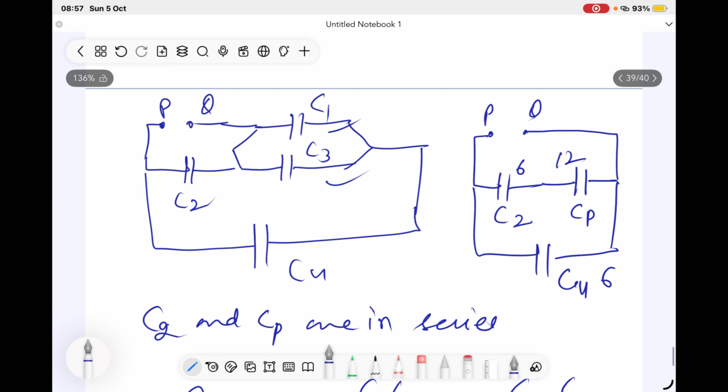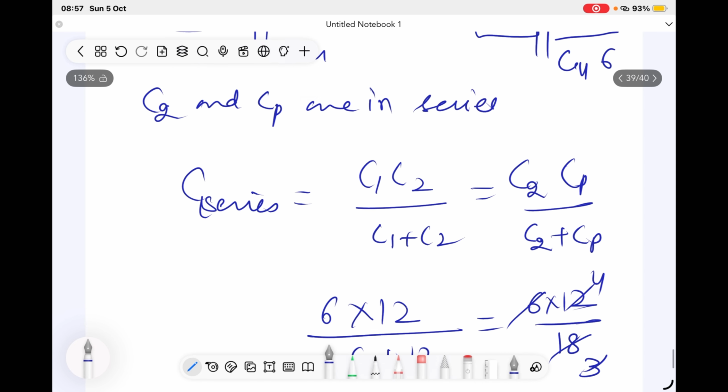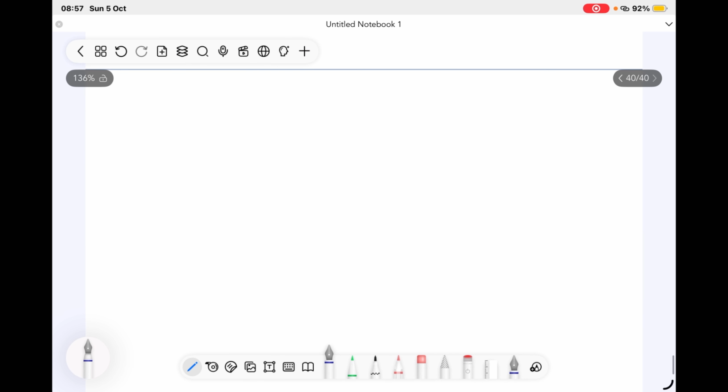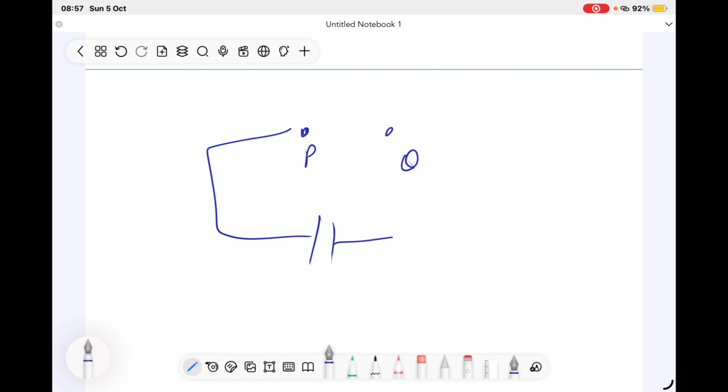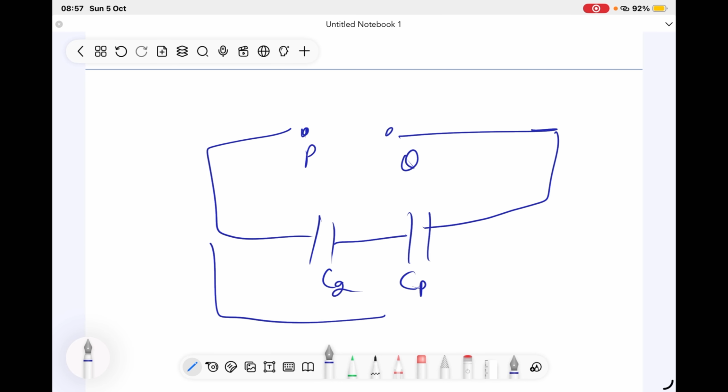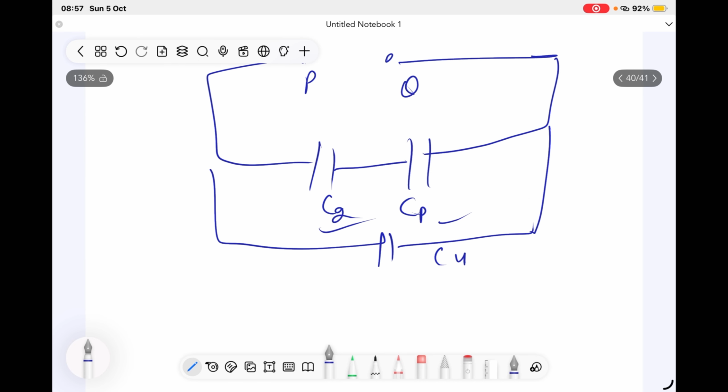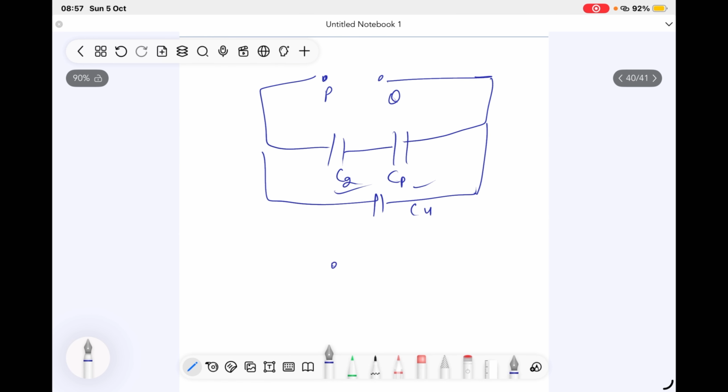So in place of these both, I am going to draw that C series. So my next diagram will be P and Q as it is. In place of C2 and C parallel, this was C2 and this was C parallel. This was C4. And in place of these both, I am drawing C series because they were in series.